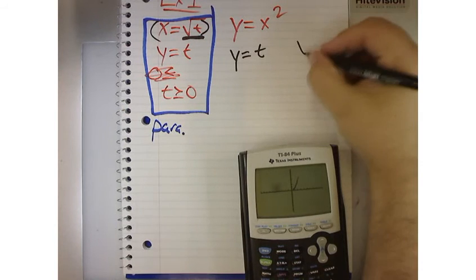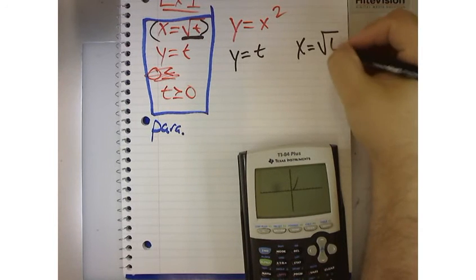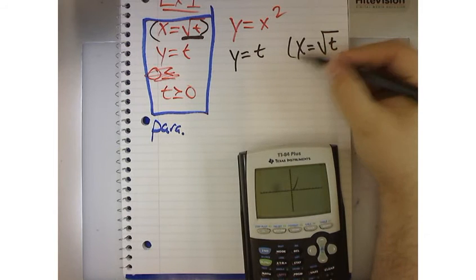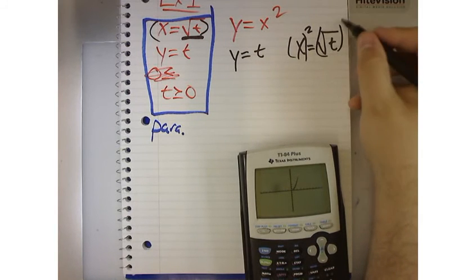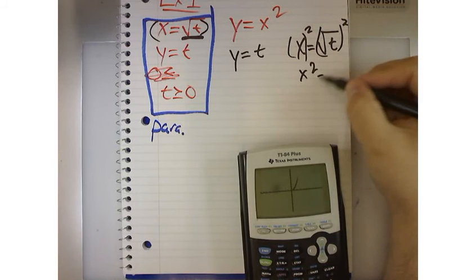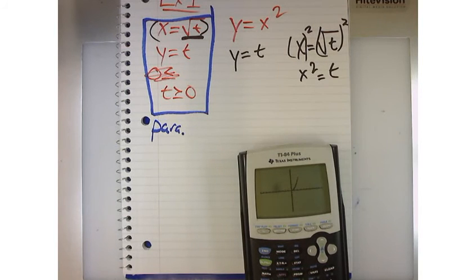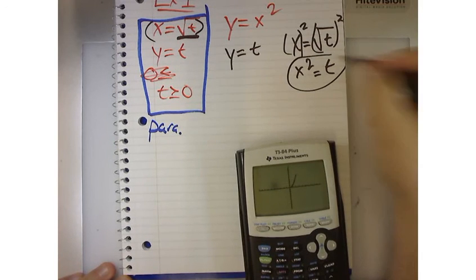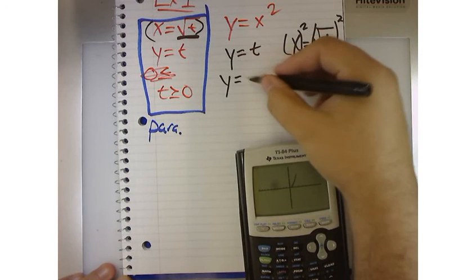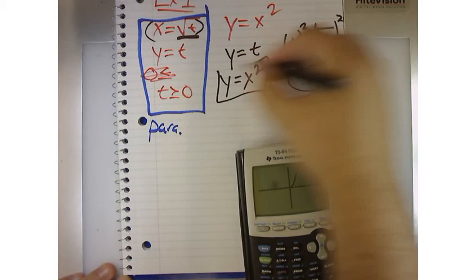So if I say x is equal to the square root of t, and I square this side, and I square this side, then I get x squared is equal to t. But t is y, so if I plug this in for t, I get y equals x squared.